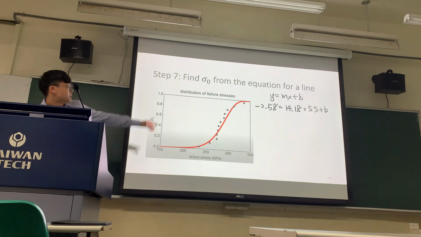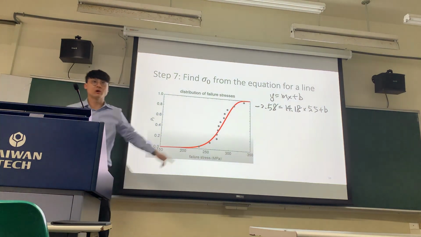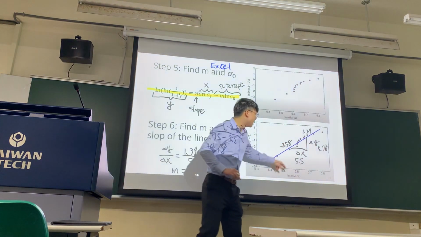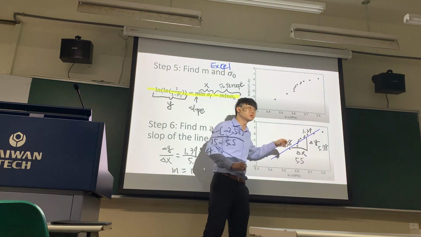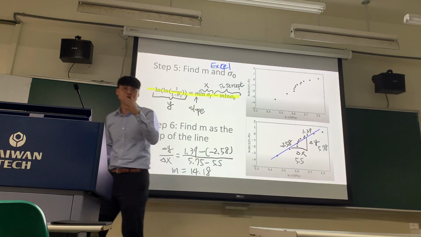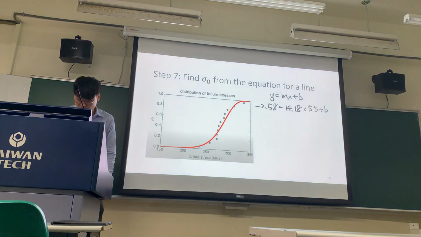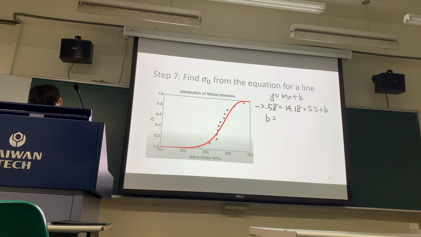So minus 2.58 and 5.5. Where are these numbers coming from? This is just a number from over here. I arbitrarily grabbed a point from the line, plugged it in, and I calculated b equals minus 80.57.